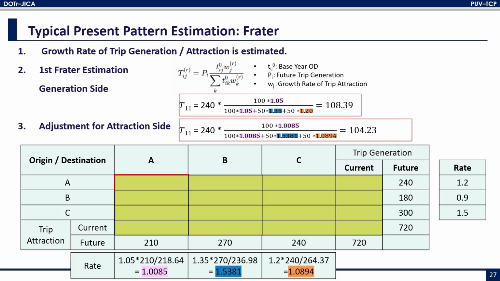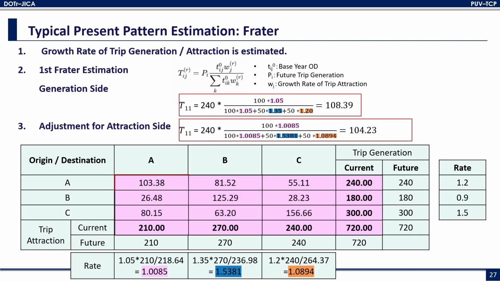Then the trial estimation is continued, and finally, the trip generations and the trip attractions show a match between the estimated value and the given value.